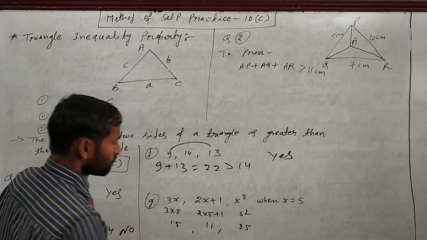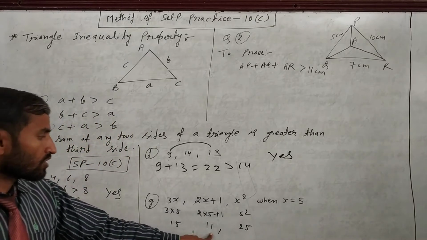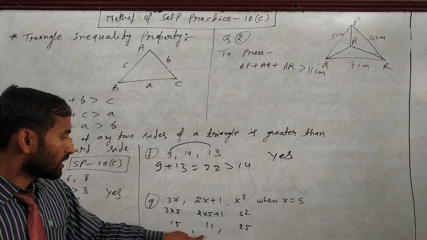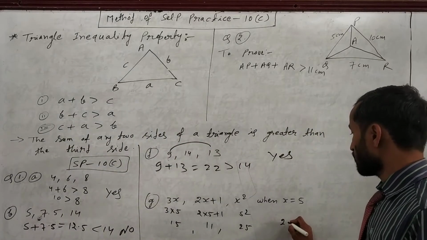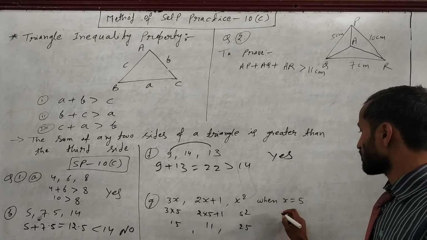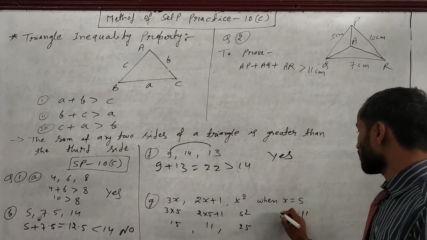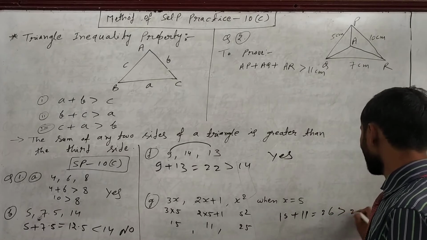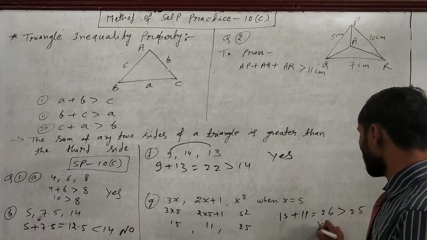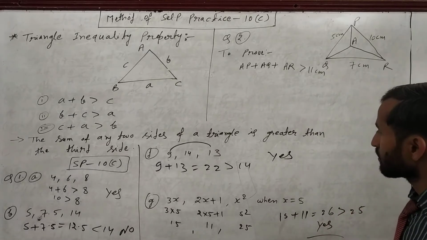Now just you add the smaller values, 15 plus 11. How much will it come? 26. It means greater than 25. So the answer is yes. This is the final answer.